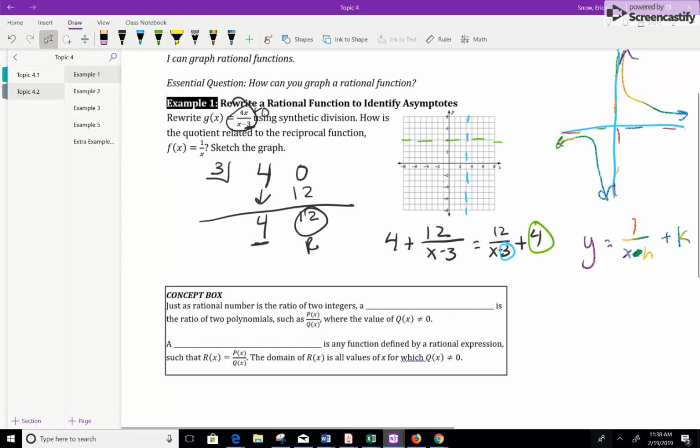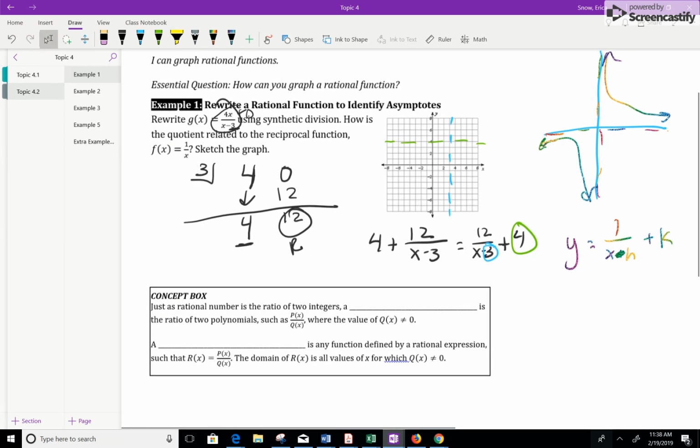Then we know that it's still going to have this shape to it because it looks very much like this. The thing to note is that this 12 on top, whether it's a 12 or a 1, that constant doesn't really matter because at some point the bottom is going to grow faster than the top.